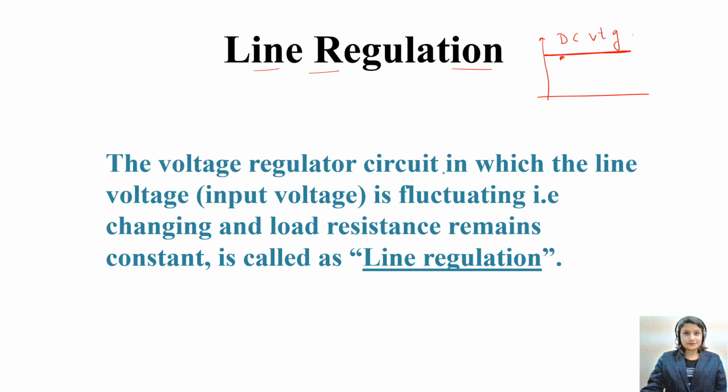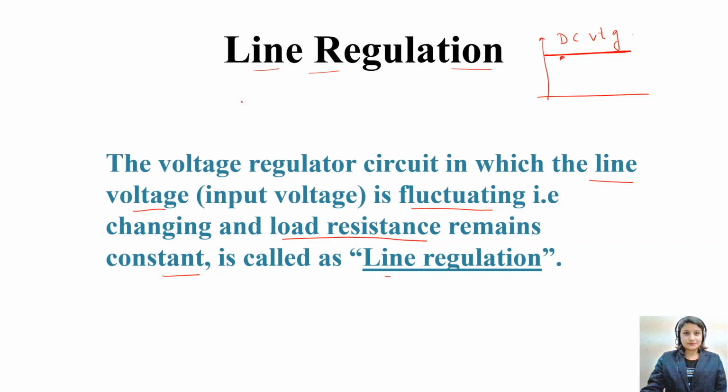So the voltage regulator in which line voltage, see, the line voltage is nothing but your input voltage, is fluctuating, and your load resistance value remains constant. Such a circuit we call line regulation.